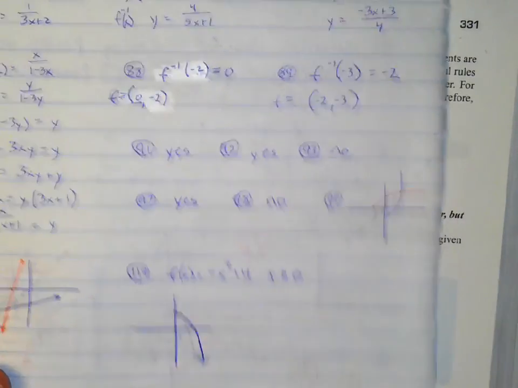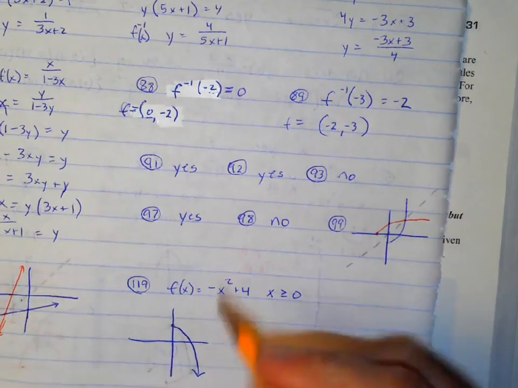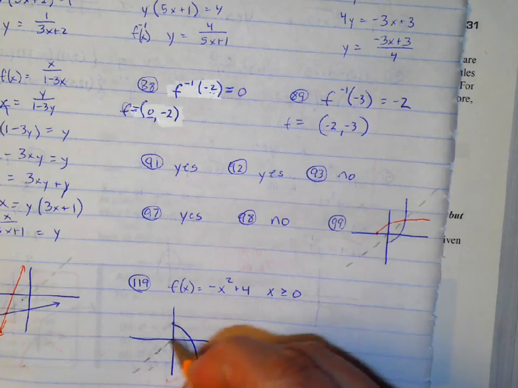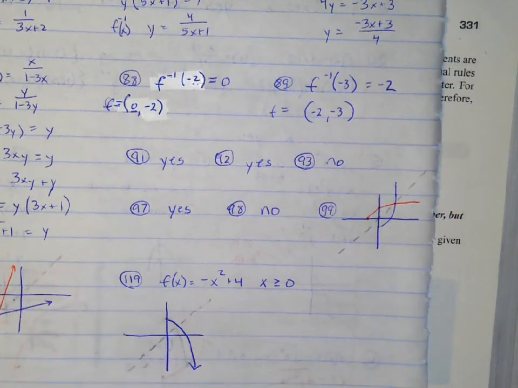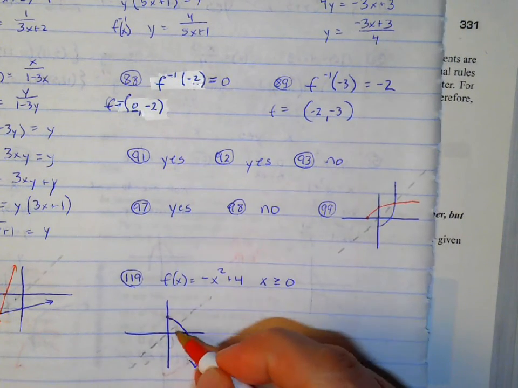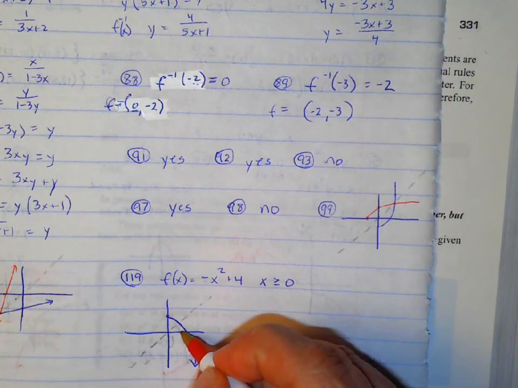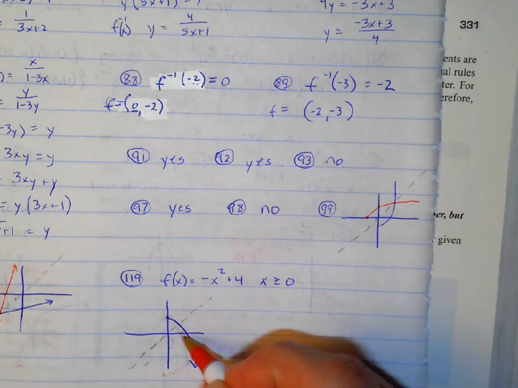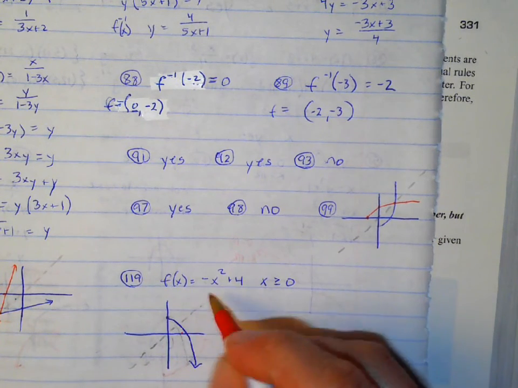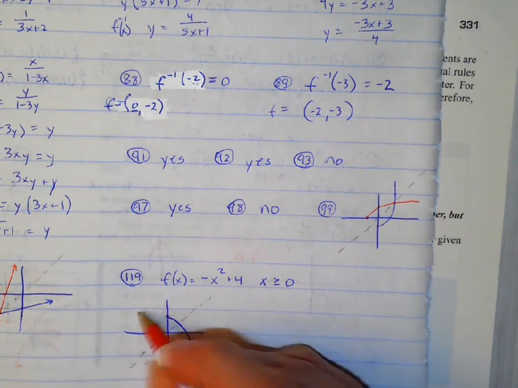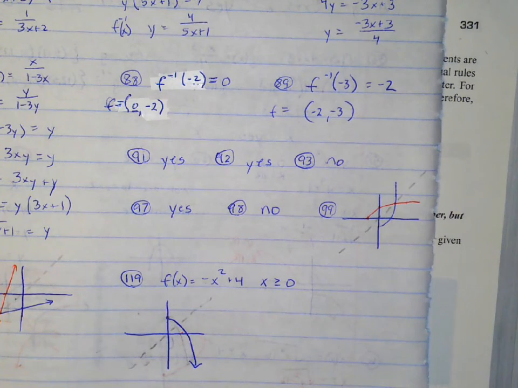So for the inverse of that, if we think about the inverse, I have this here. I know the inverse is going to have to be reflected. Okay, so this point will be here. This point will be over here. This point over here. Okay, so I think about that reflection. And let's think about the inverse of this as well.